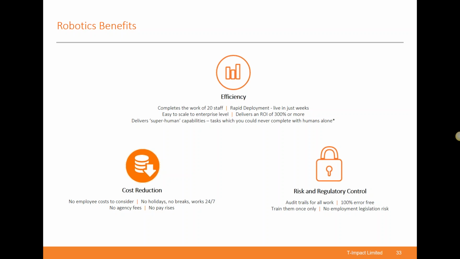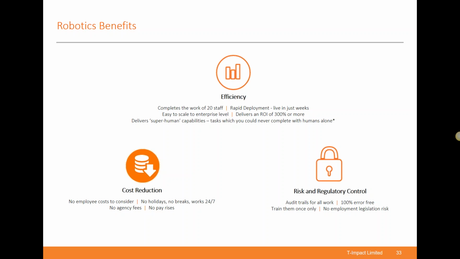What it's doing now is optimizing as it goes through. And so suddenly you've got a really competitive edge, because you have this superhuman capability. It would take a team of 20 people to do that, but you're doing it every day because you've deployed a robot. So that's a really interesting way to look at it.